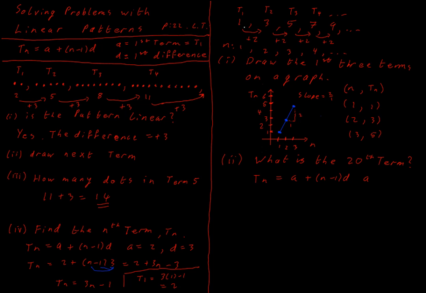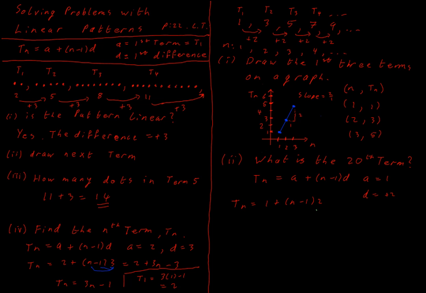And A is my first term, which is 1. And D is the difference between each of my terms, which is plus 2. So I sub that in, and I'm going to find out what the general term, or the nth term, is, and then I can find out what the 20th term is. So 1 plus n minus 1, and d is 2.